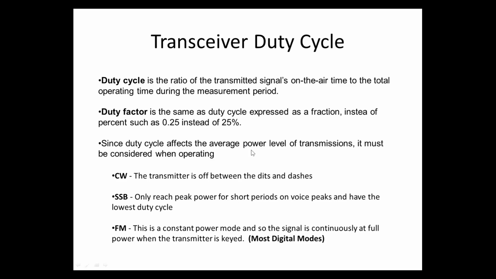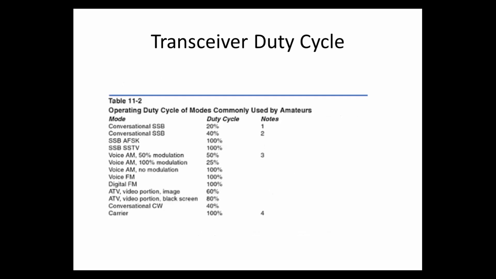Now, I did notice when we do POTA and Judy's on the air, the fans on the transceiver kick on because she keeps that push-to-talk button down an awful lot, and she's constantly talking. So you can get conditions where single sideband will have a little higher duty cycle, but it's not bad for the fans to kick on because they're there to cool the transceiver down a little bit.